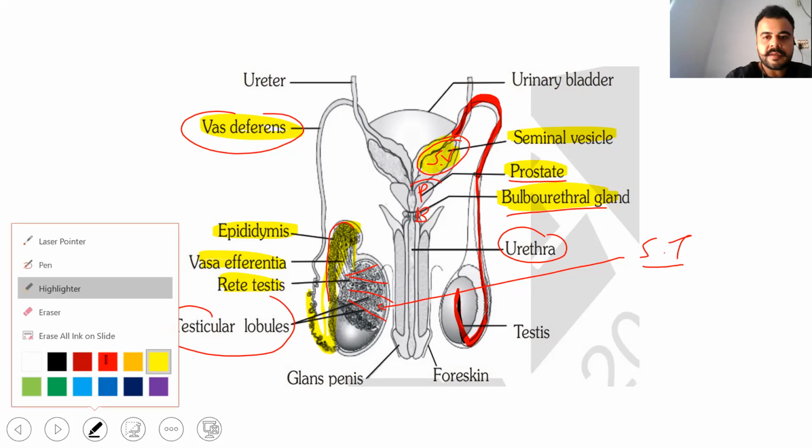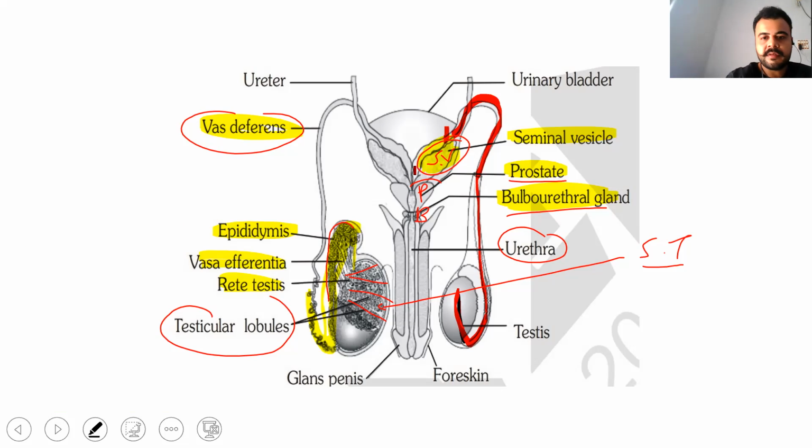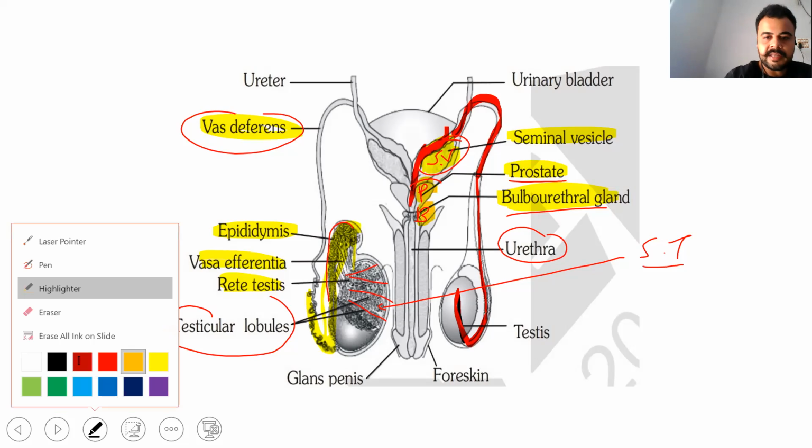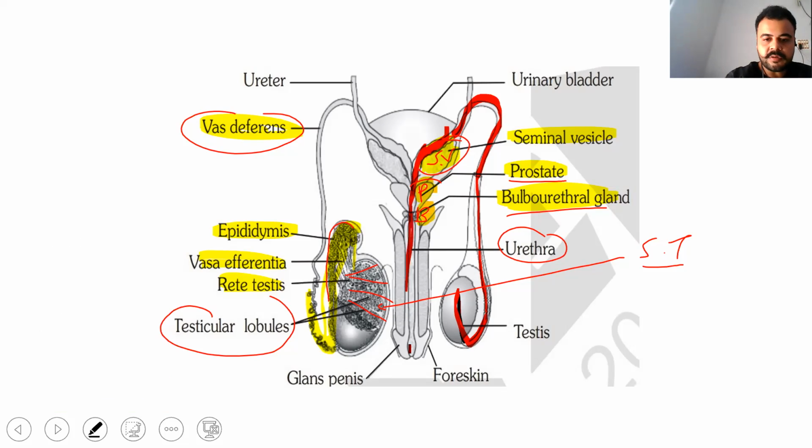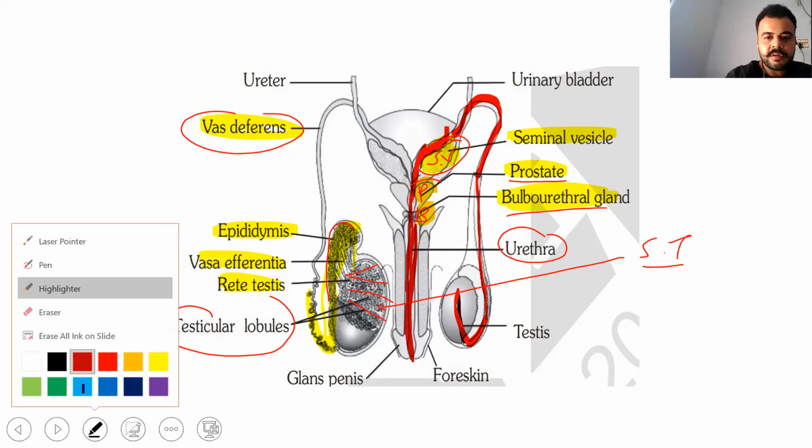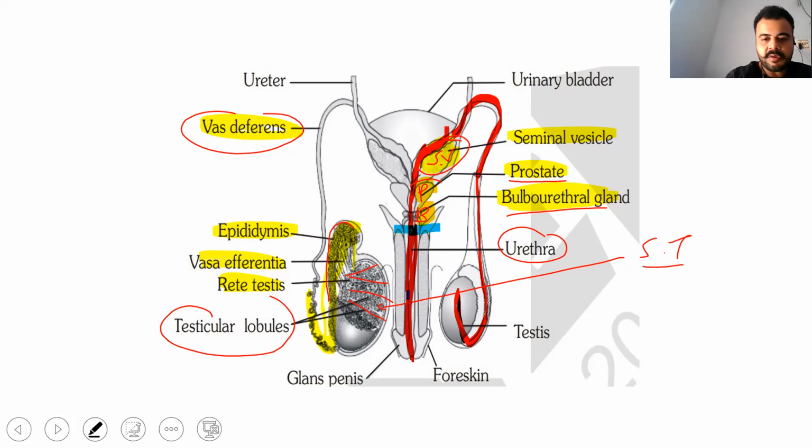Then over here it will come. Then in this region also there will be the prostate and bulbourethral gland, which will also pour their secretion, and then the sperm will come through this route, through to the outside. So this part is the urogenital tract, and through this penis the sperms are released.